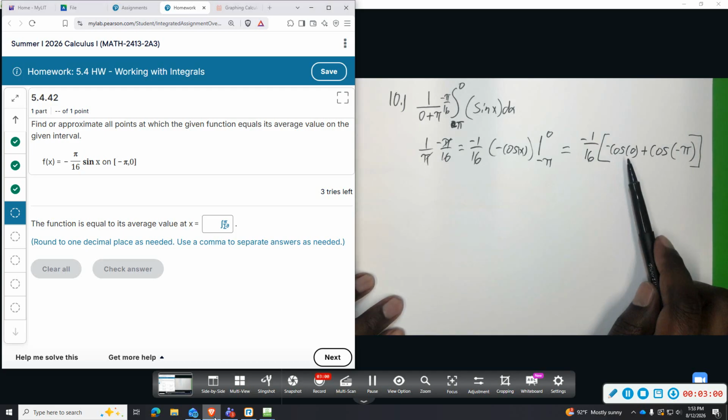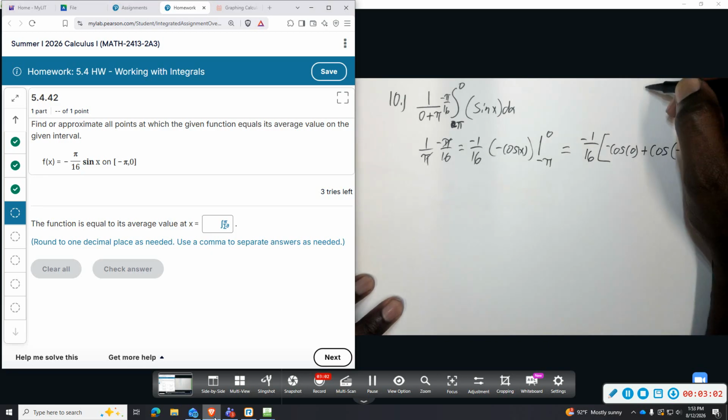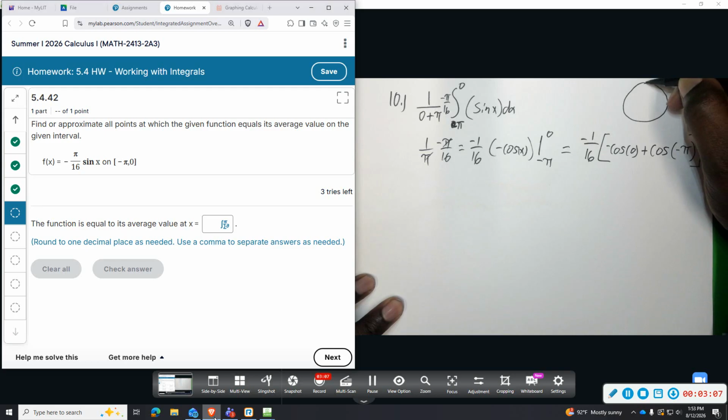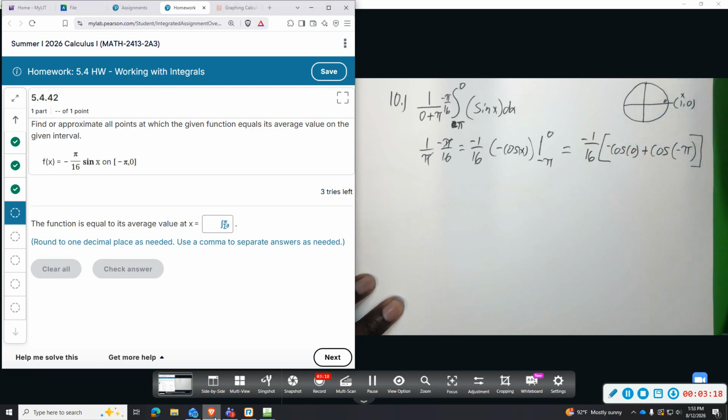And then if you think about your unit circle, onto these angles, 0 is here. The ordered pair is 1, 0. Cosine value is the x coordinate. So this is just 1. It'll end up being negative 1.